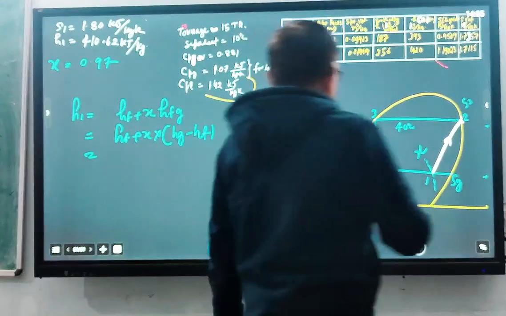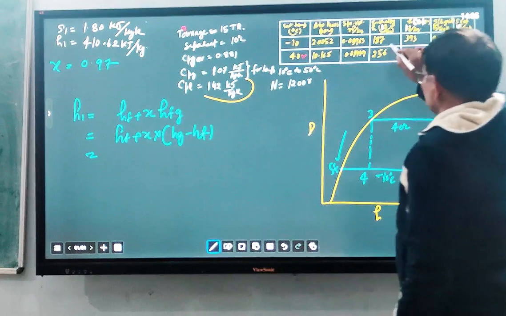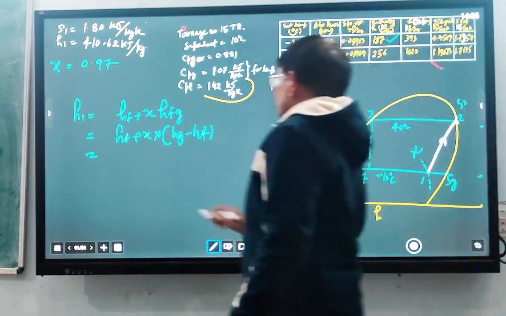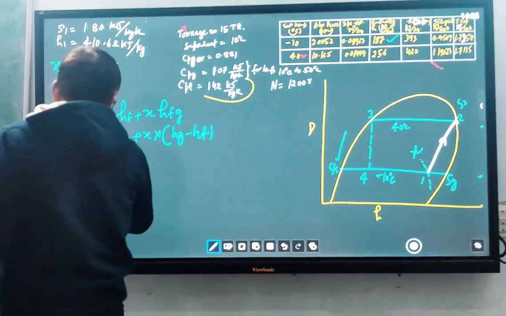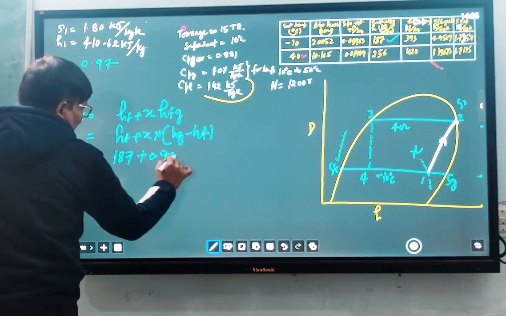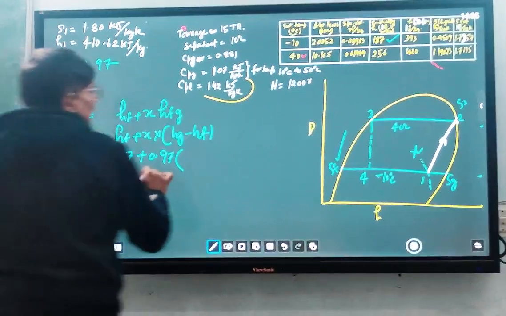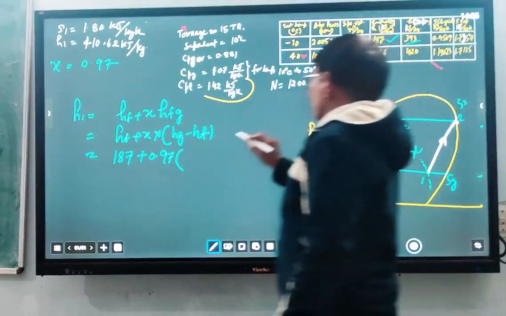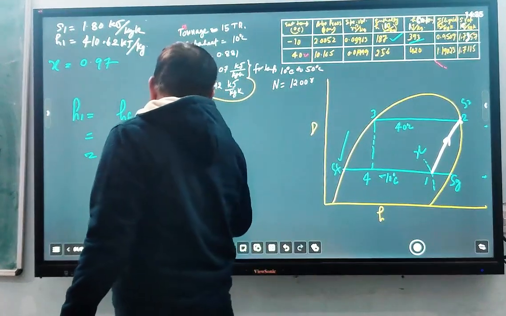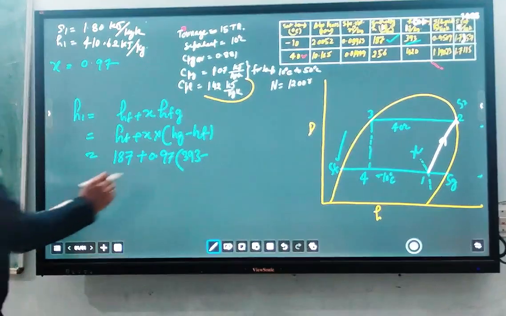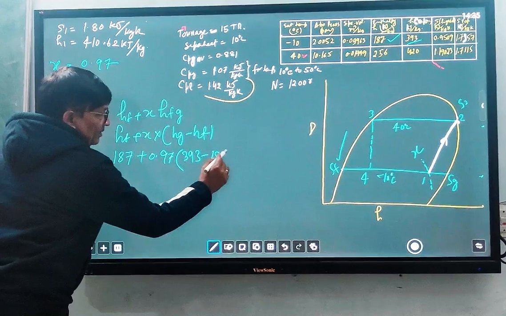You see what is Hf at this point. What is Hf at minus 10 degrees centigrade? You see 187. So 187 plus 0.97, that is the quality of the refrigerant, into Hg, which you can see from the table, 393, minus Hf, 187.